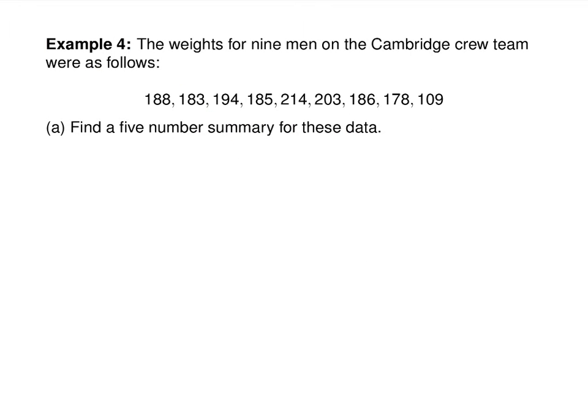All right, so we have the weights for 9 men on the Cambridge crew team as follows. Find a 5-number summary for these data. I think it would be best to order these data. So the lowest number is 109. The next lowest after that appears to be 178.